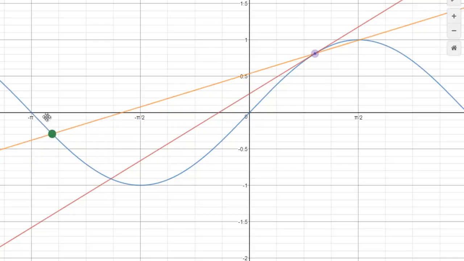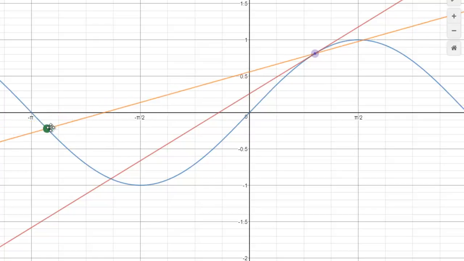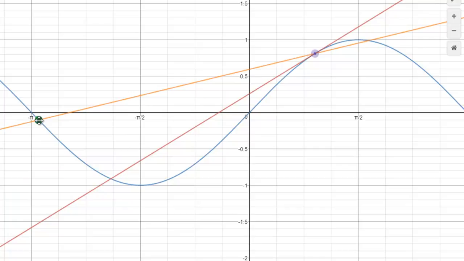Now watch what happens. Okay, the green point is pretty far away from the purple point, but watch what happens as I get closer and closer with the green point to the purple point. Notice how the orange line is going to get a better and better approximation of the red line. Right now they both have a positive slope, but I wouldn't say they're very similar.